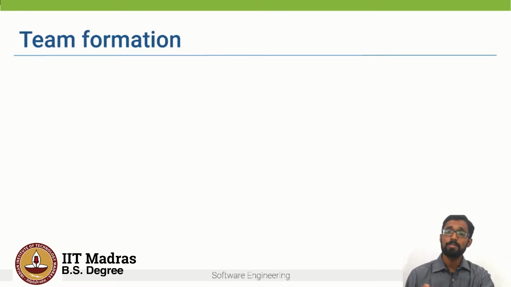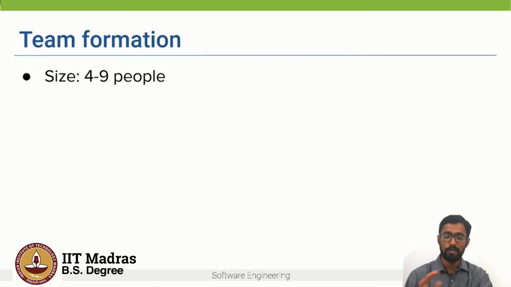So let's look at how teams are formed. As we saw in the plan and document perspective, one of the first jobs of the project manager is to form and organize a team. In the Agile perspective, the team size is roughly 4 to 9 people for a particular project.